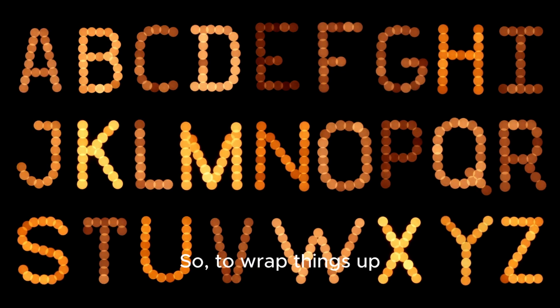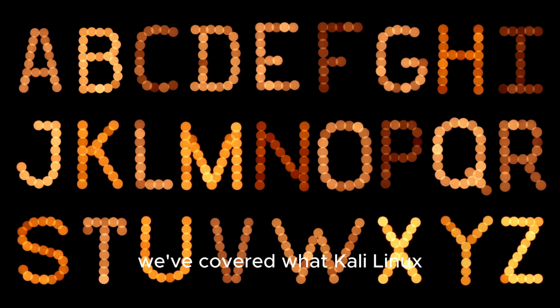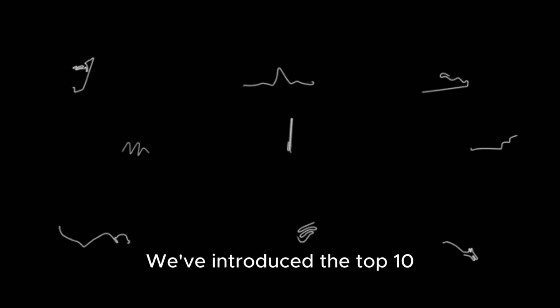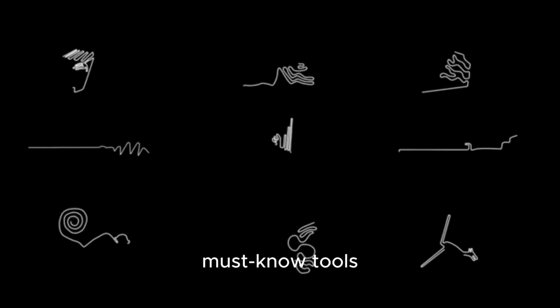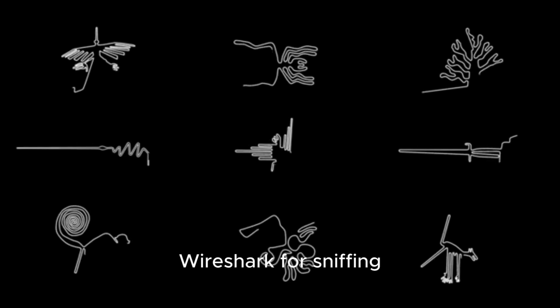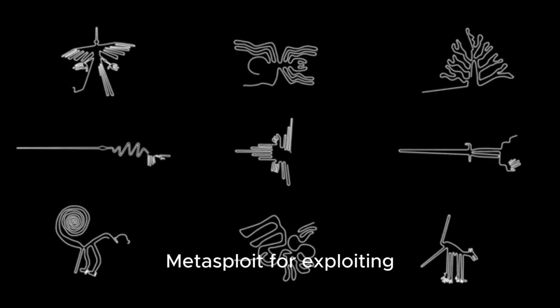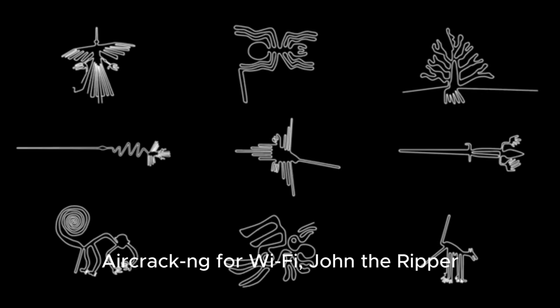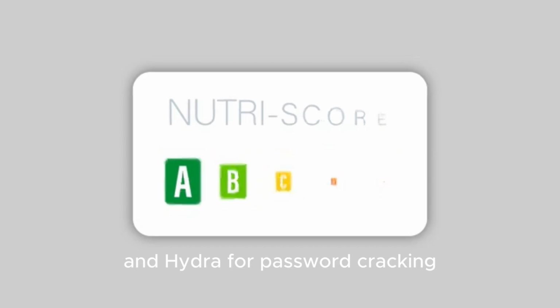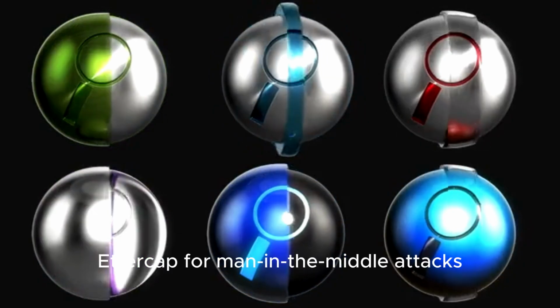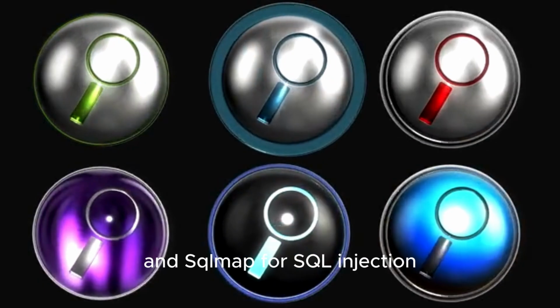So, to wrap things up, we've covered what Kali Linux is and why it's so important. We've introduced the top 10 must-know tools: Nmap for scanning, Wireshark for sniffing, Metasploit for exploiting, Aircrack-ng for Wi-Fi, John the Ripper and Hydra for password cracking, Burp Suite and Nikto for web app testing, Ettercap for man-in-the-middle attacks, and sqlmap for SQL injection.